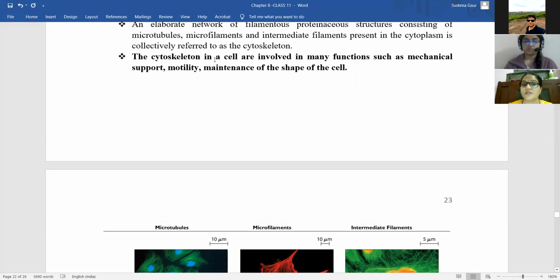What is the function of the cytoskeleton? They are involved in many functions like mechanical support to the cell, motility, like these microfilaments and microtubules are responsible for providing motility to the cell, and for maintenance of the shape of the cell.